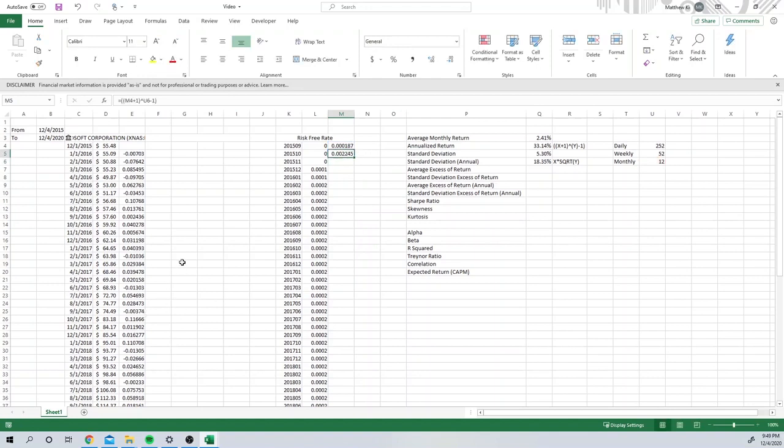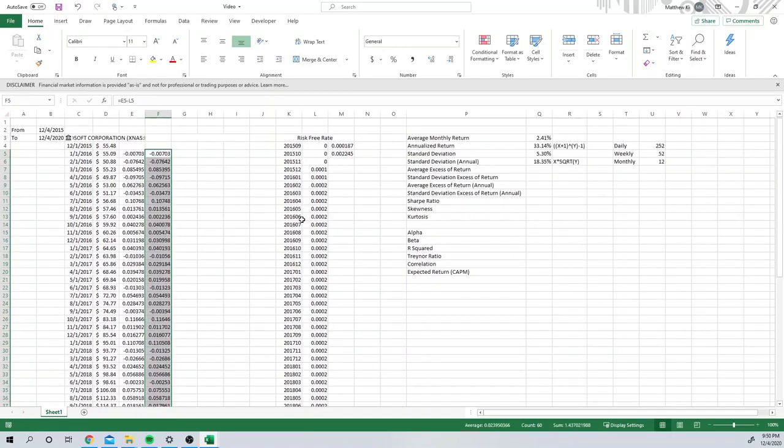All right, there's that. Now we gotta subtract our returns from the risk-free rate. So here we go. This minus this equals, carry it down.